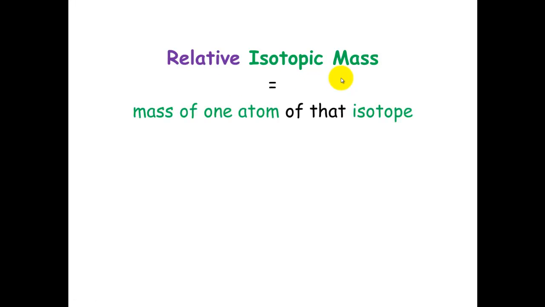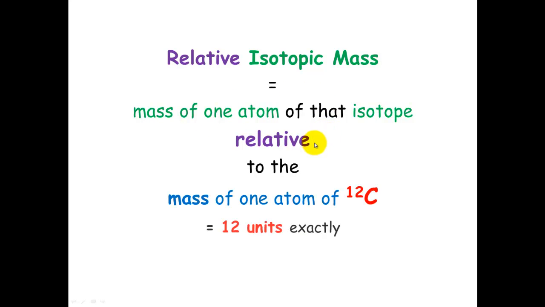So relative isotopic mass is the mass of one atom of that isotope, relative to the mass of one atom of carbon-12. And the mass of one atom of carbon-12 is given the amount of 12 units. So that isotope of carbon is given the mass of 12 units exactly.